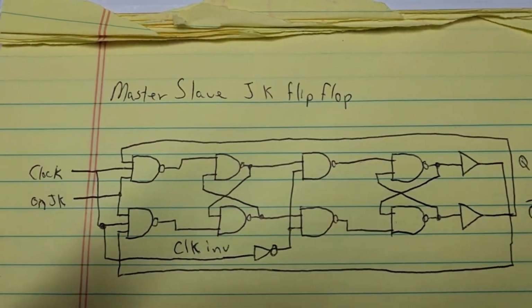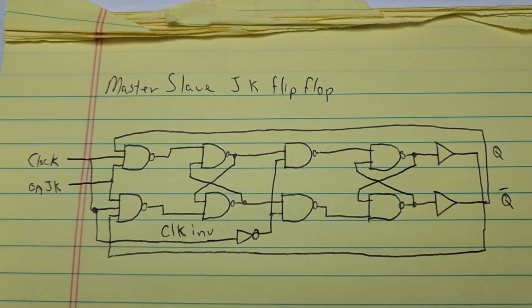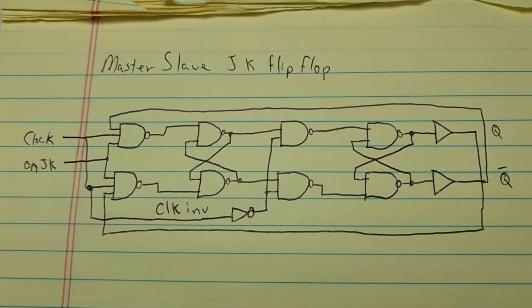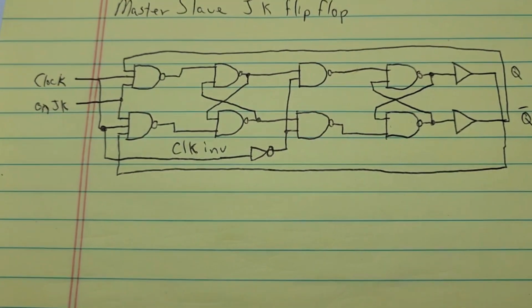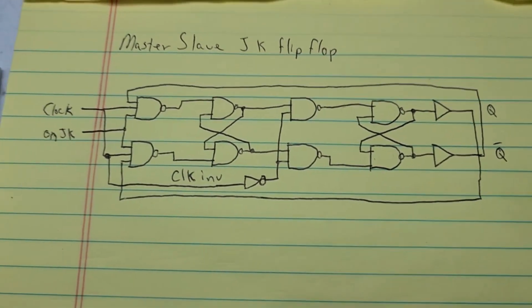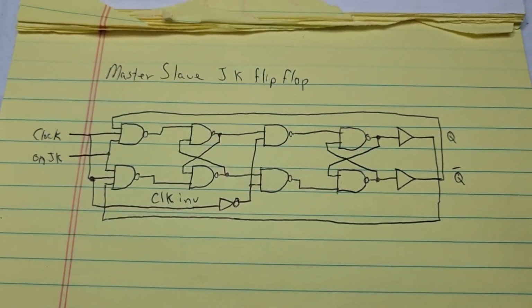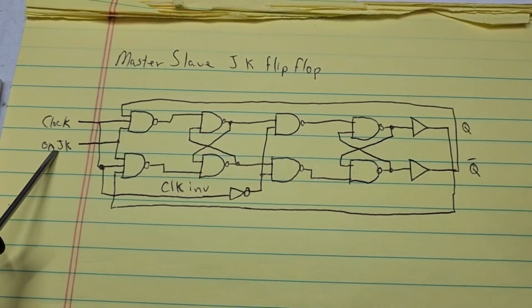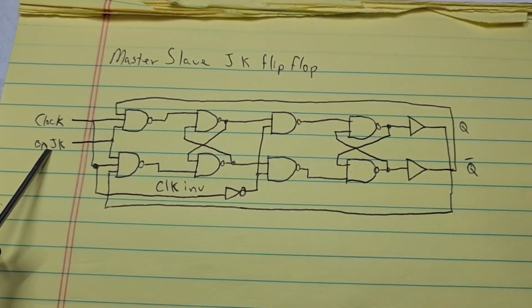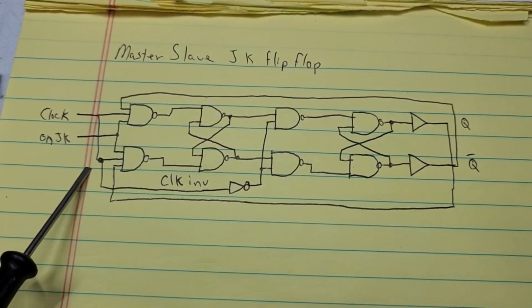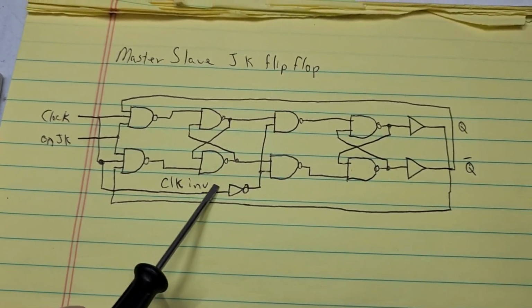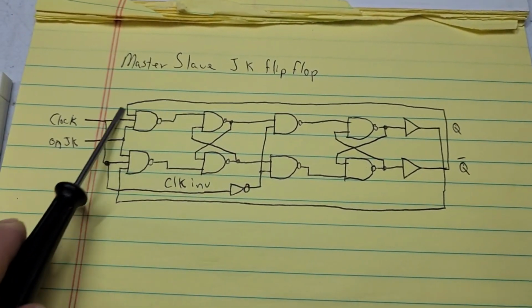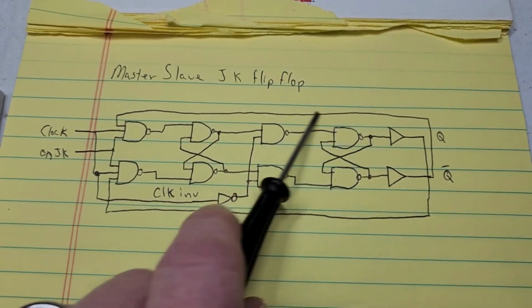Okay, so what I've built is a master-slave JK flip-flop. I'm not totally sure what's useful about this yet. We're learning. There's like the data, and then here's the clock. The clock gets inverted and goes into what I guess is the master portion, and this is the slave portion.